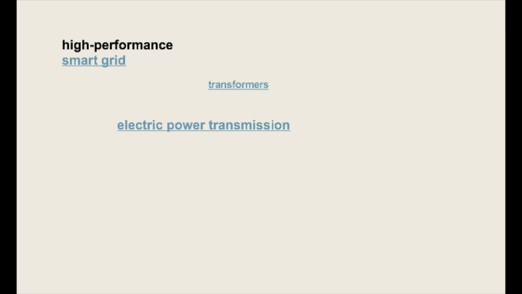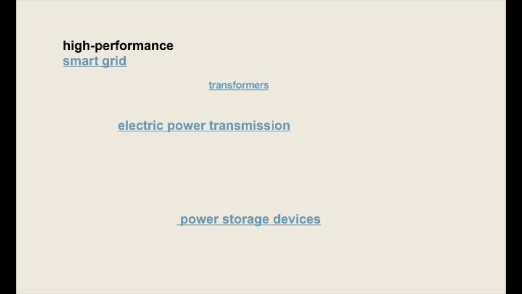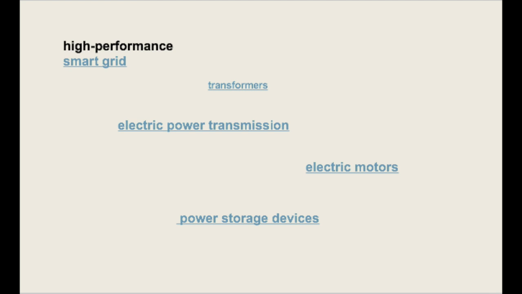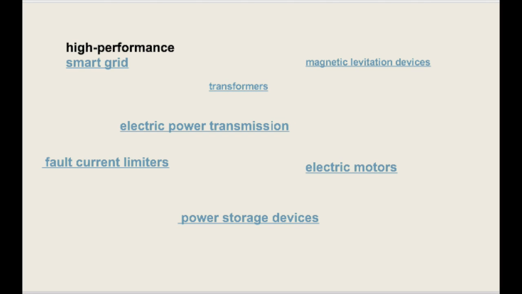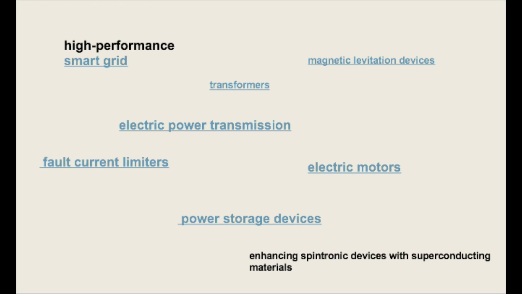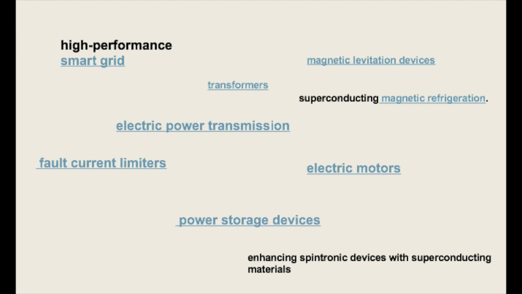Promising future applications include high-performance smart grid, electric power transmission, transformers, power storage devices, electric motors, magnetic levitation devices, fault current limiters, enhancing spintronic devices with superconducting materials, and superconducting magnetic refrigeration.